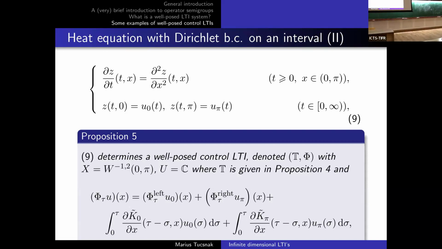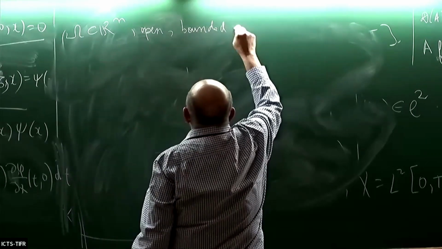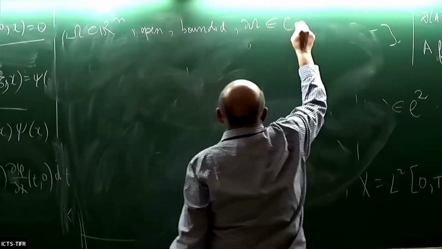If I now go to the following situation, omega in R^n open and bounded. Boundedness is not essential. The boundary of omega, let's say at least C2, but it's just for simplicity.